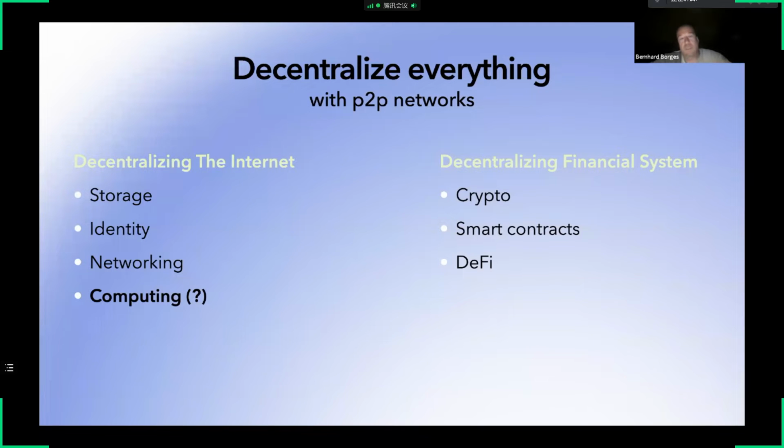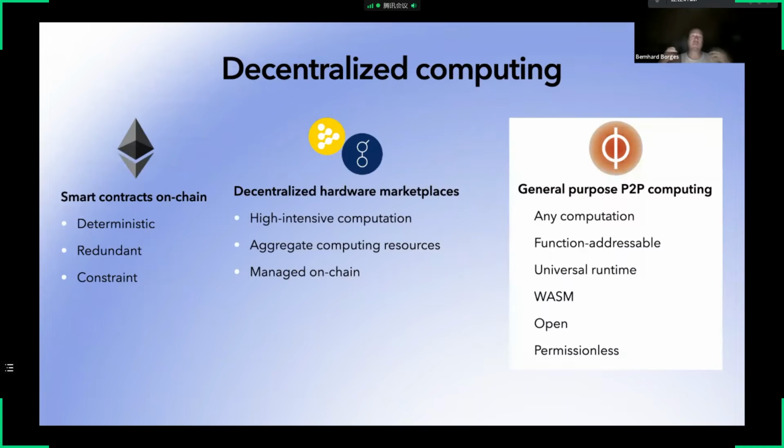And lastly, of course, we want to decentralize computing. And this is where Fluence comes in. So there's a long way of getting there, but this is where Fluence wants to play and is playing. If you look at decentralized computing today, you have smart contracts with on-chain computing. The smart contracts are deterministic and have certain limitations. And obviously, blockchains are introverts. So you have to work with off-chain, and smart contracts play a big role, but it's actually a small role, important but small.